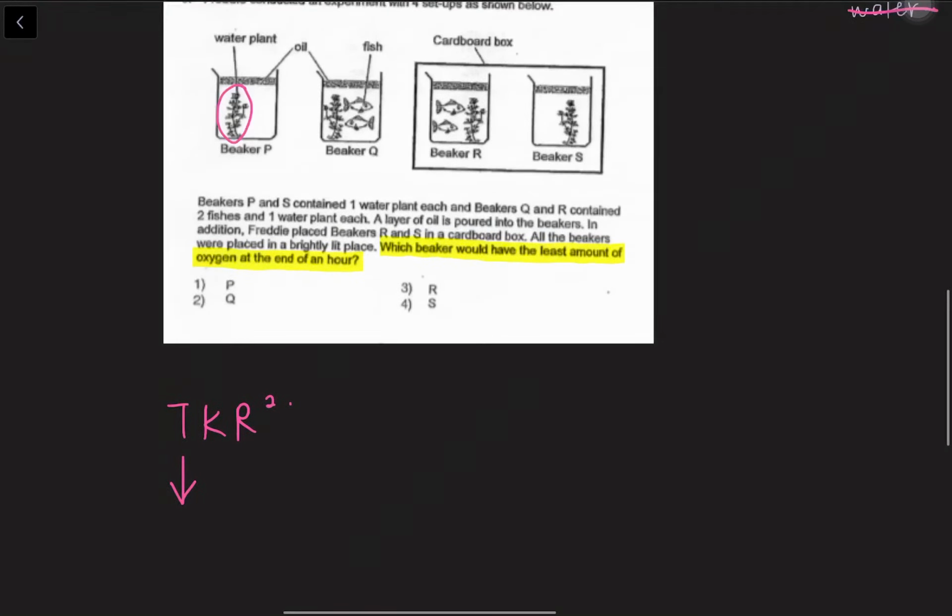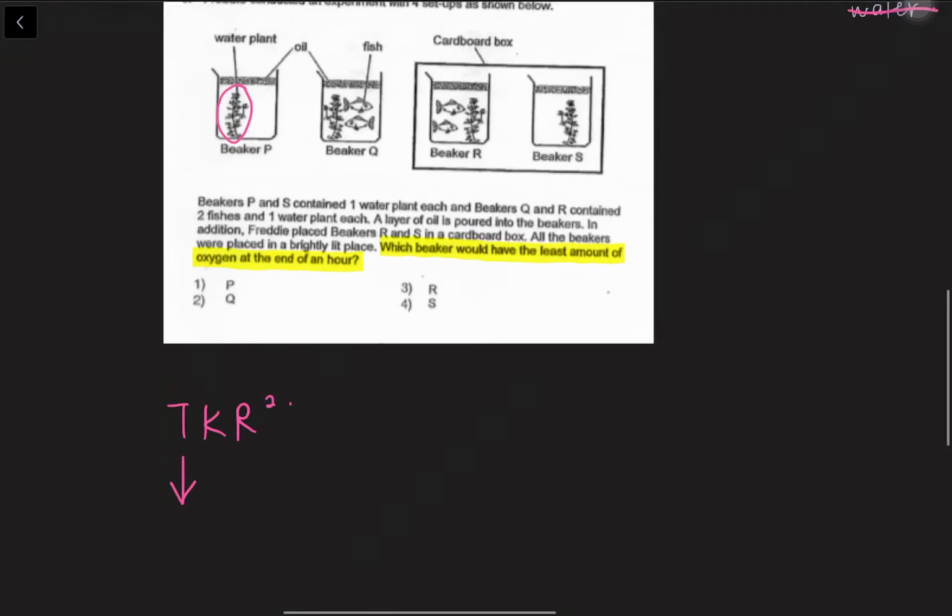processes related to air, specifically photosynthesis and respiration. So what are our keywords?